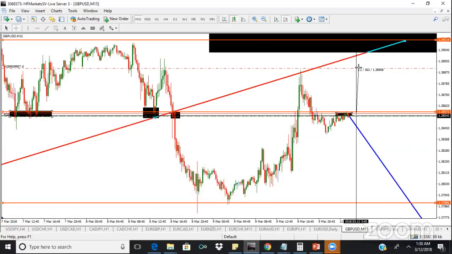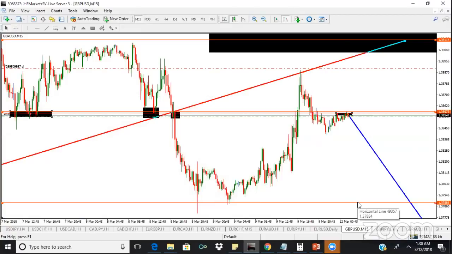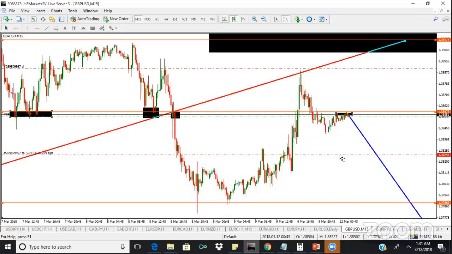We are risking 35 to make 65. So first take profit, 30 pips.